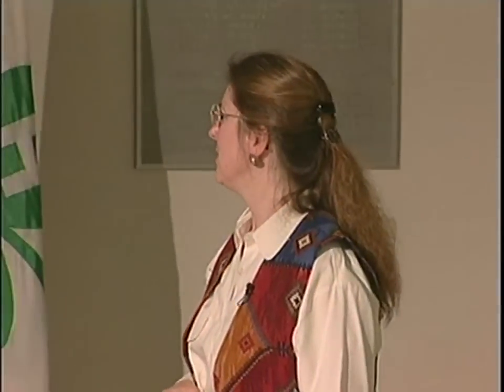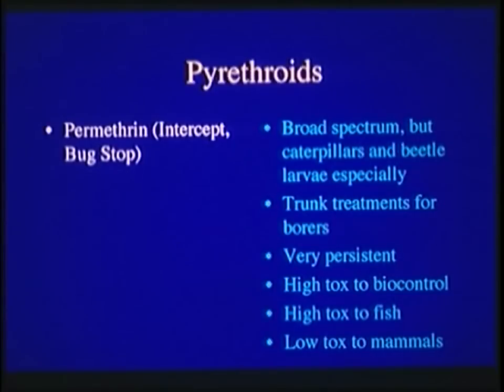So this will be an easy alternative for people to use. It doesn't have a very high mammalian toxicity. But it is very broad spectrum for insects, and it's really nasty on natural enemies. Permethrin is one common name, but there are some other products too. The only place I think that it's justified is trunk treatments for borers.